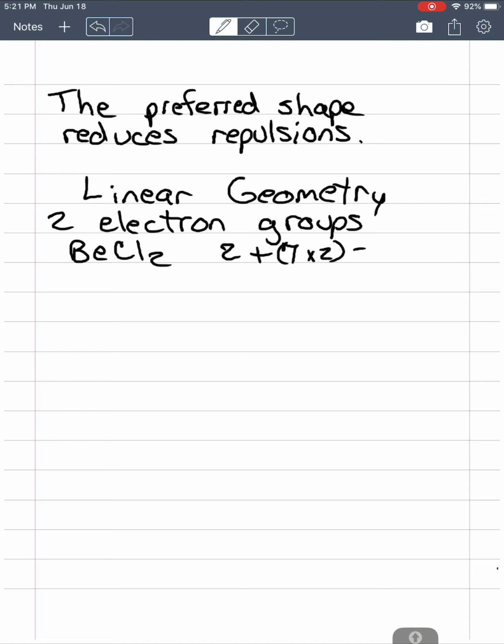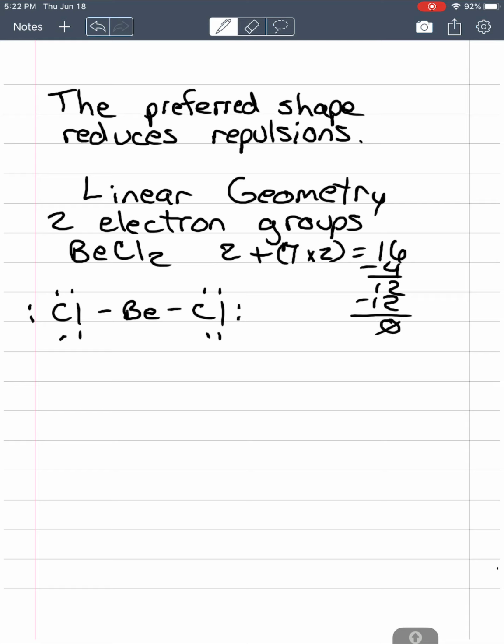There are 2 of them, total of 16. Beryllium's in the middle. All right, beryllium doesn't have an octet, but it's an exception. So it's fine like it is.